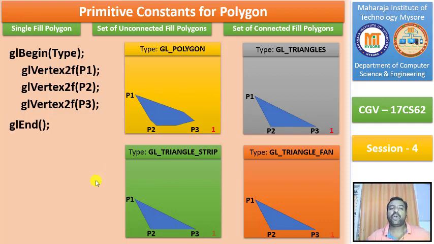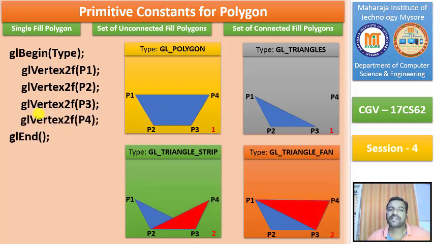Now when I have the 4th vertex, just observe, this is the difference. It was a triangle with 3 vertices; now it is going to be a quadrangle, P1 to P2, 3, 4 and 1. And when I say GL_TRIANGLES, it is still a triangle.